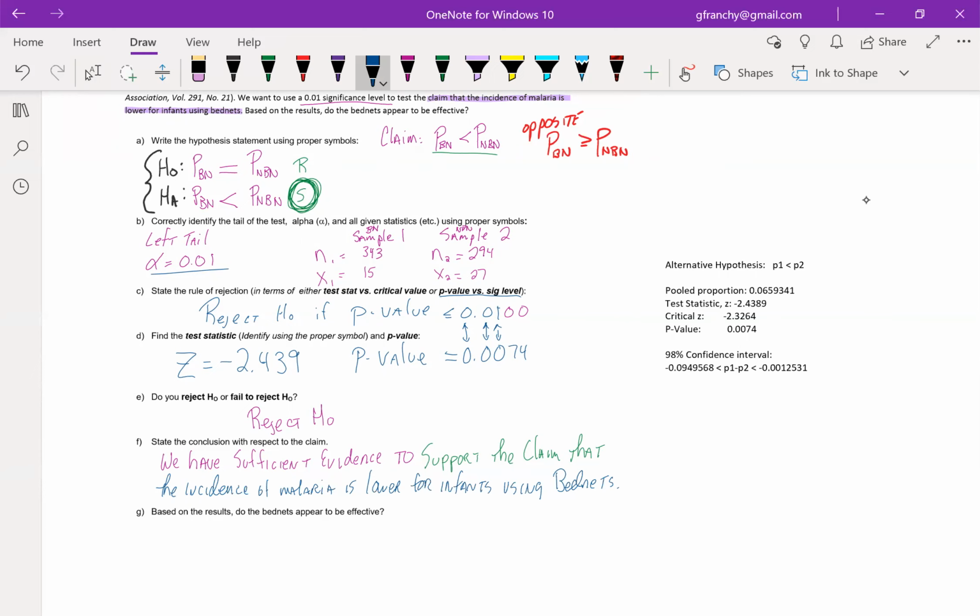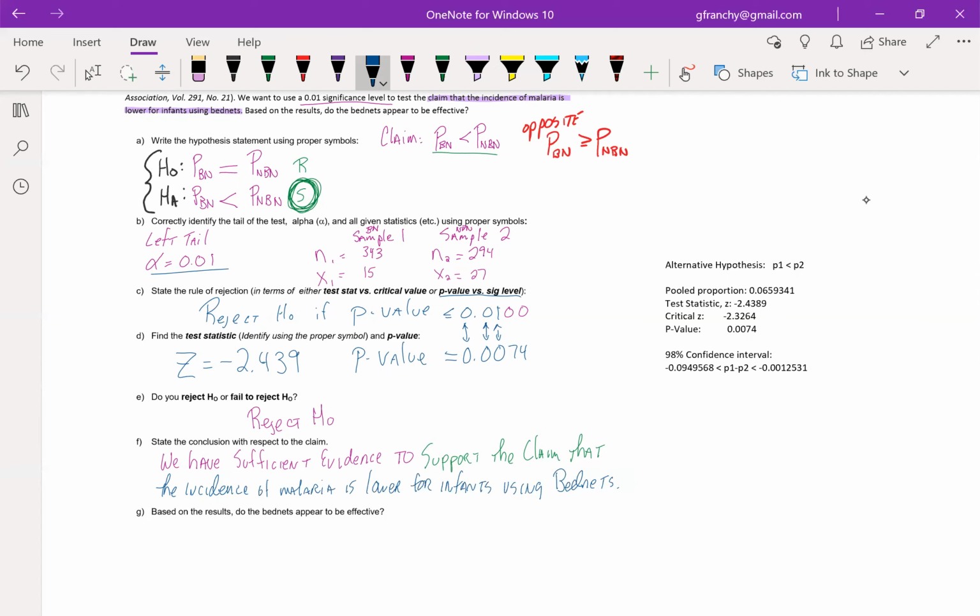When we reject the null, we go with the alternate, and the alternate is saying that the proportion that get malaria using bed nets is lower than the proportion getting malaria for those not using bed nets. And again, this is for the entire population. So we do have the evidence to support this idea.